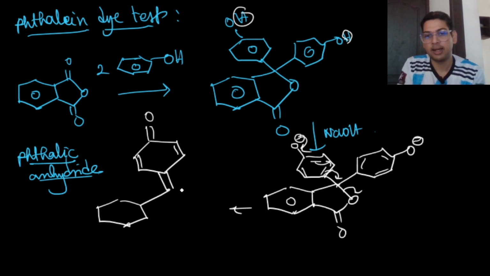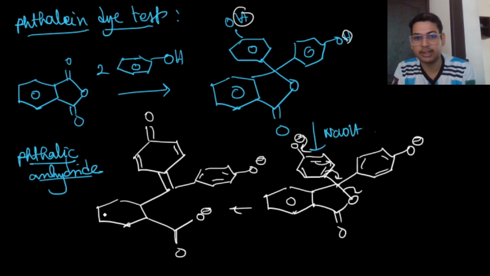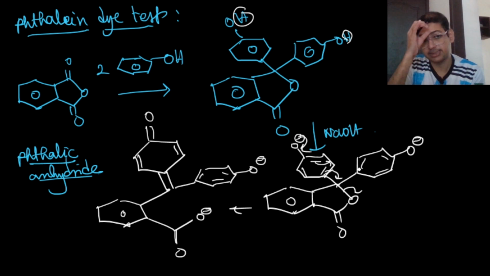And on the other hand you are getting O minus and double bond O. I think I have done it correctly. Let me just check. This will go here, yes, it will be like this.